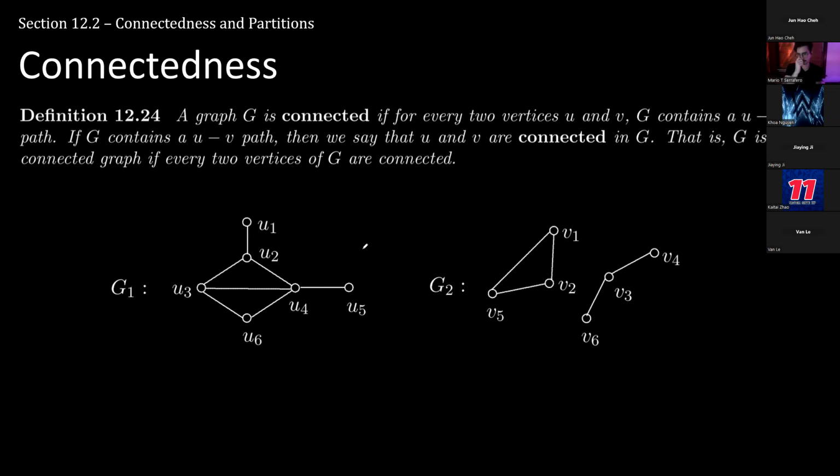Actually, let me draw the picture. If I have a vertex of degree 4, I know for a fact that if I take out all of these edges, then this vertex is going to be floating by itself. So now the graph is disconnected, right?